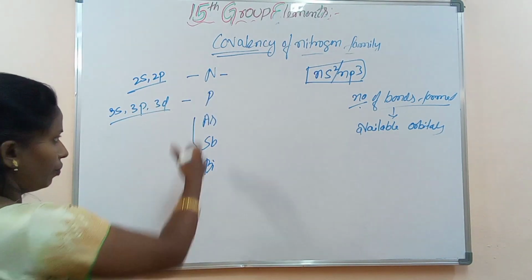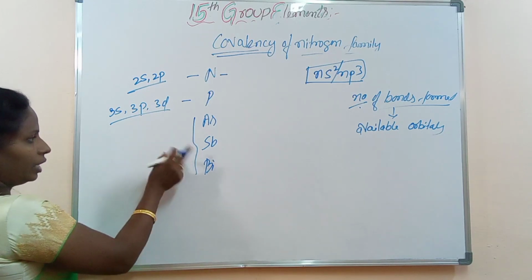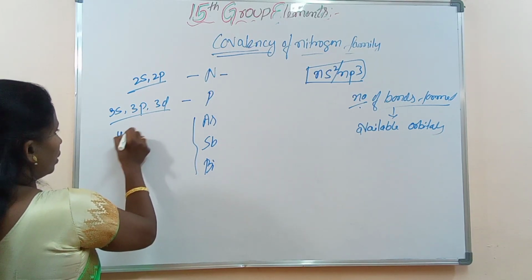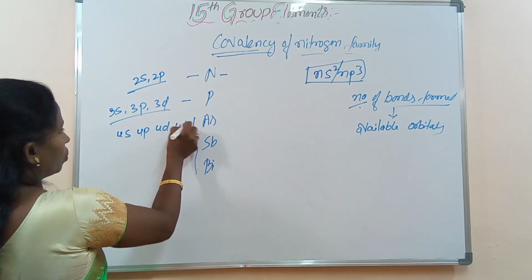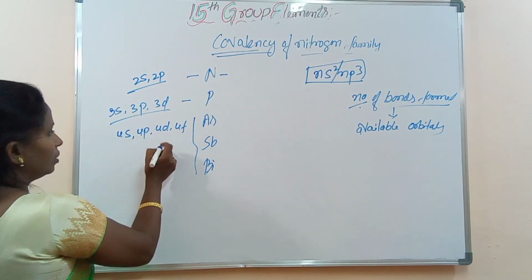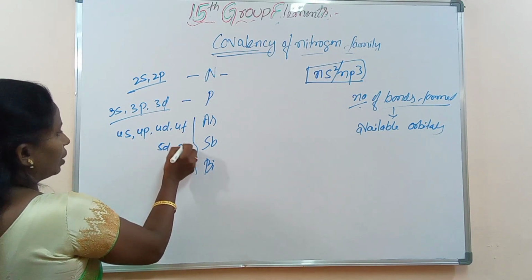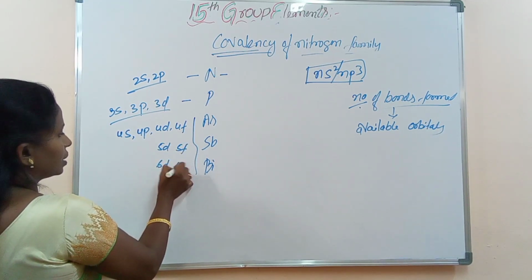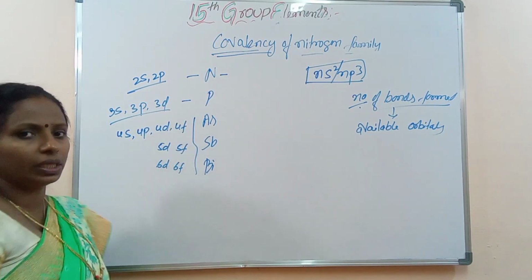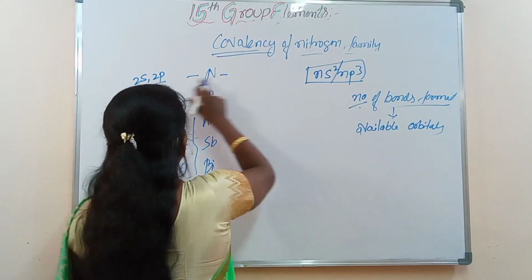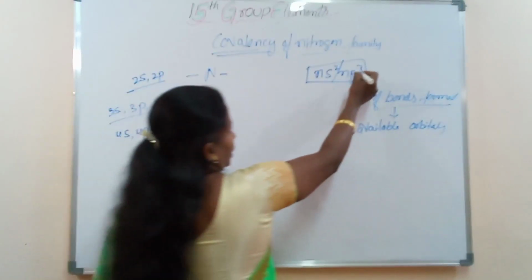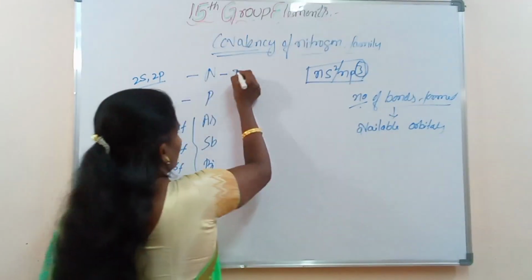From here onwards, both d and f orbitals are also available: 4s, 4p, 4d and 4f orbitals are available. It means that 5d, 5f, 6d, 6f orbitals are also available in these 3. So in nitrogen, only 3 bonds it is going to form.